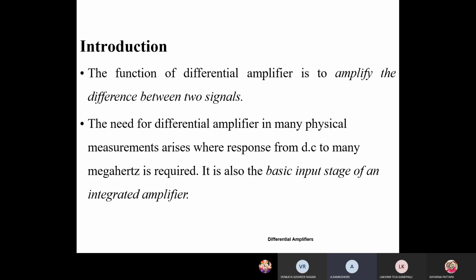In a differential amplifier we have two inputs, and the output gives the difference of the signals. For example, V0 is equal to V1 minus V2. We can consider V1 as 5 volts and V2 as 3 volts, so 5 minus 3 is equal to 2 volts.